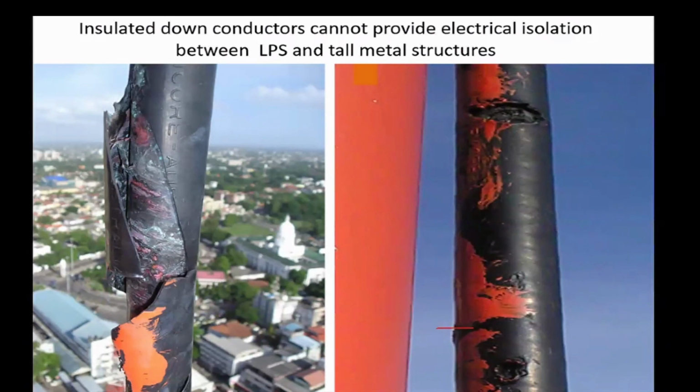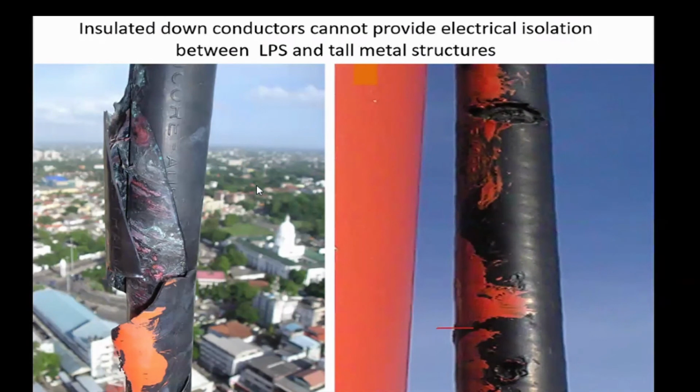But if you are using insulated cables or insulated pipes to avoid arcing from the lightning protection system to the metallic parts, be a little careful. If the conductor is very tall, very long in length, there may be a chance of arcing, damaging the insulation material and having the arc into the metal.